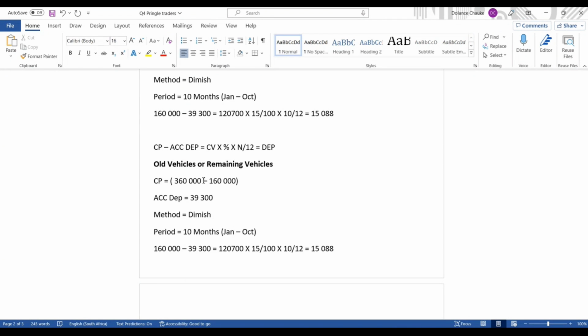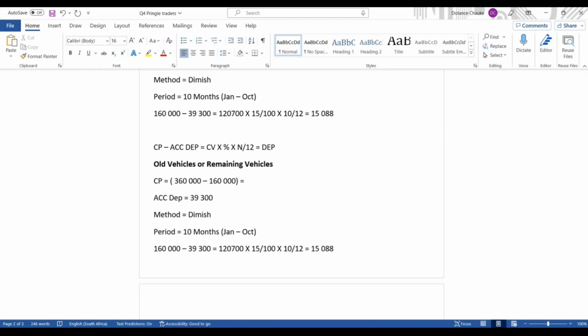Remember, the 360 is the total vehicles we have at the beginning of the year. From that 360, we have disposed a vehicle that cost 160,000. That's why we're minusing it. We will say either the old vehicles or the remaining vehicles after disposal. Does that make sense? And then we will get the cost price of the remaining or the old ones after disposal.